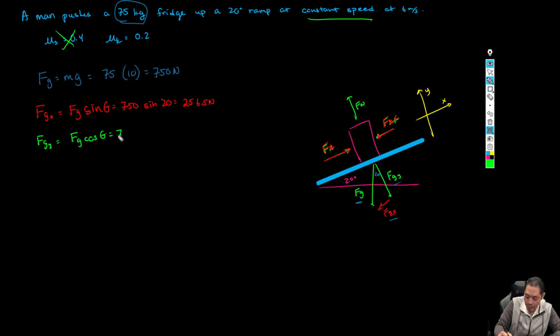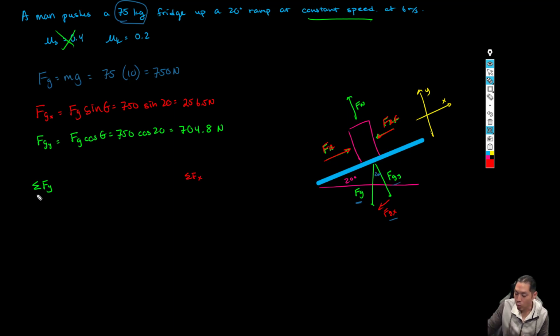So in this case, it's 750 cosine of 20. That's 704.7, so I'll just put 704.8 newtons. All right, so those are my two. Now, once I have that, I can figure out a couple things. The first thing I want to figure out is the sum of all forces in the y direction, and then I want to do the sum of all forces in the x.